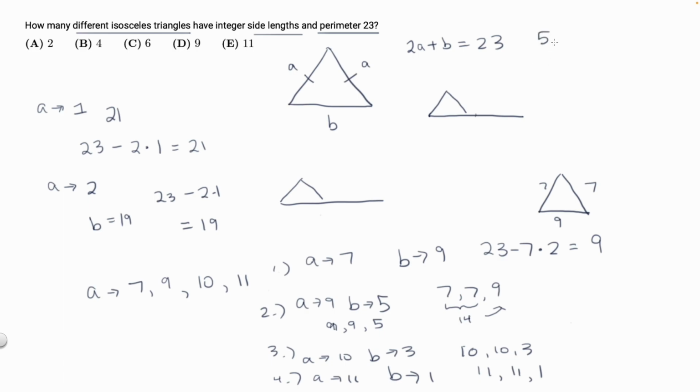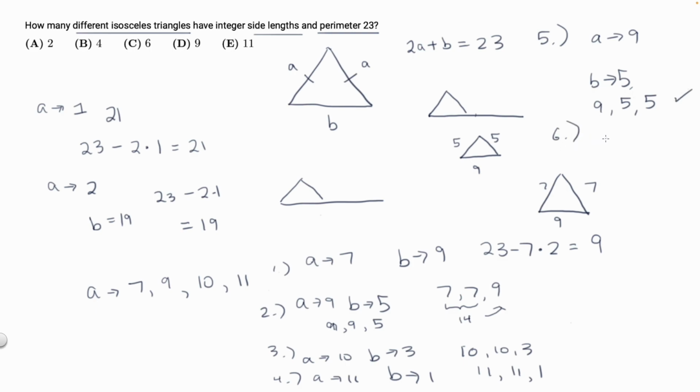For the fifth possibility, we can get A to be 9, and then B would be 5. The triangle for this is going to be 9, 5, 5. If we draw that out, we get 5, 5, 9. That would make a triangle, so that works.